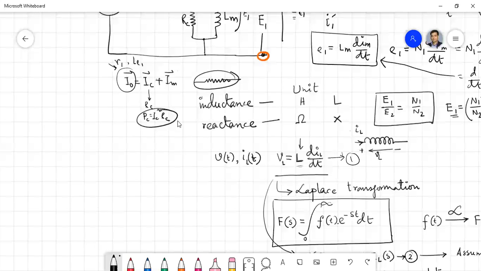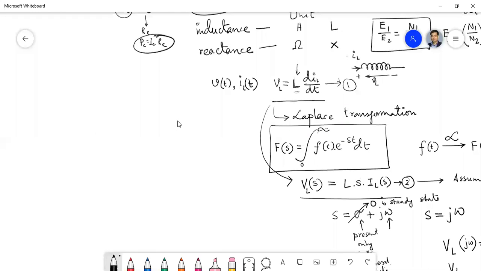Now the secondary, or coil 2, is a different coil. It would also have some resistance, let's say R2, because coil 2 is a different coil, so its resistance will also be different, and it will also offer some self inductance or leakage inductance.